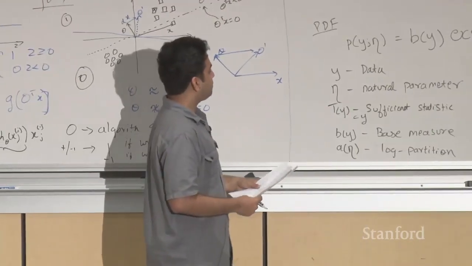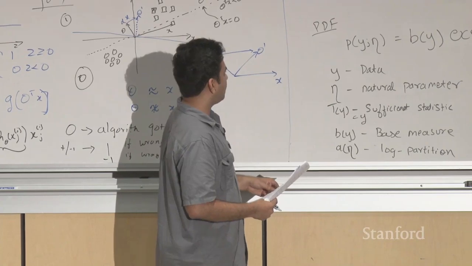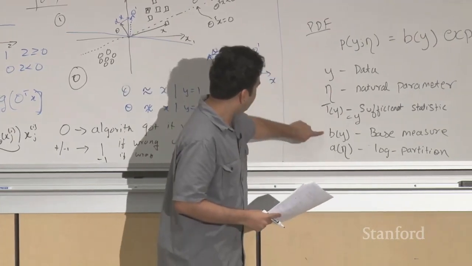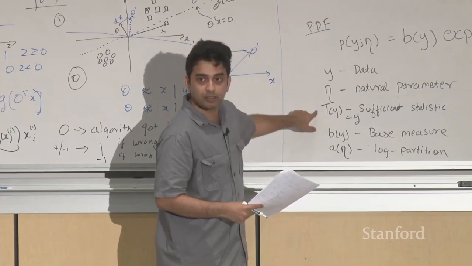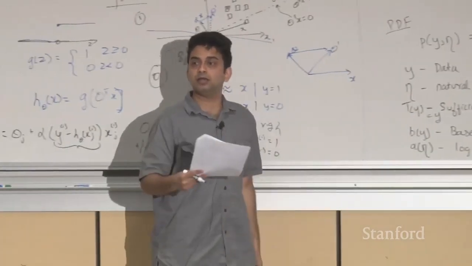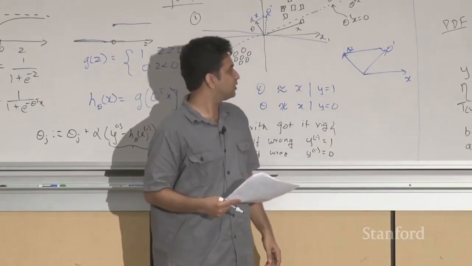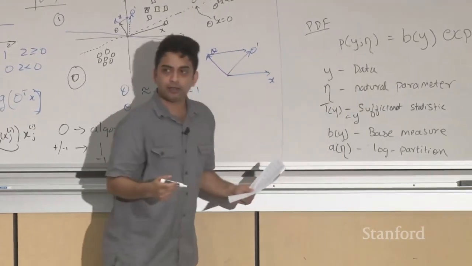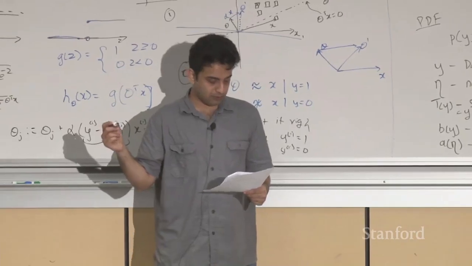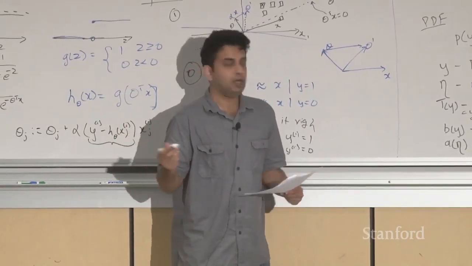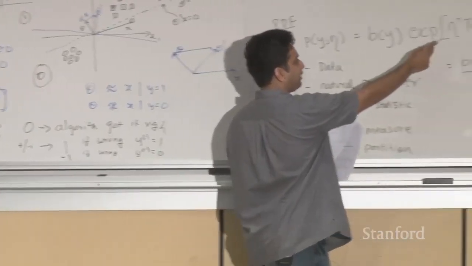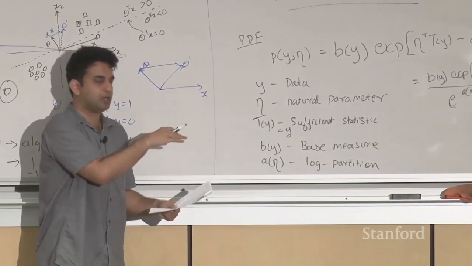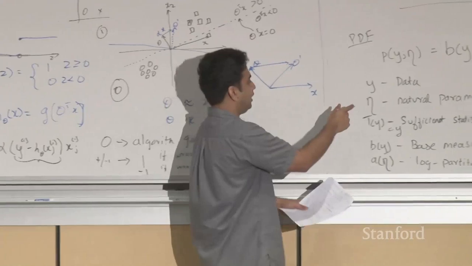Now, you can plug in any definition of B, A, and T. Y is your Y, and for most of our examples, it's going to be a scalar. Eta can be a vector, but we will also be focusing on scalars, except maybe in softmax.